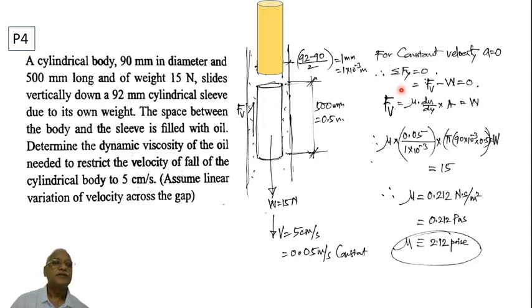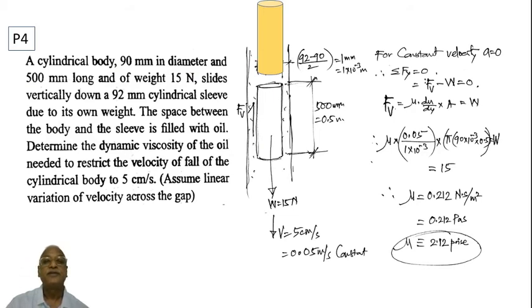So there is a cylindrical body. Next problem. 90 mm in diameter. So this length is 90 mm. I'll draw that.